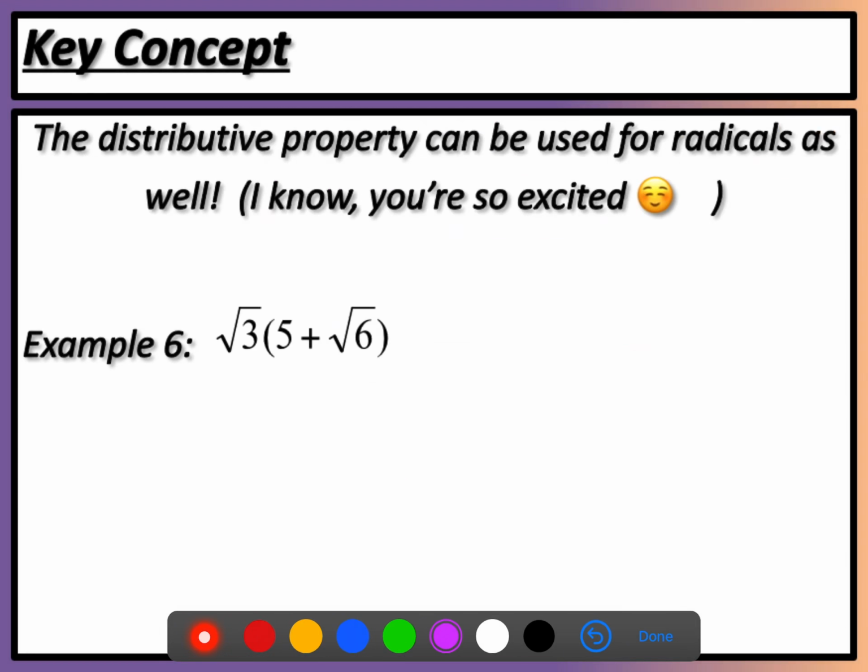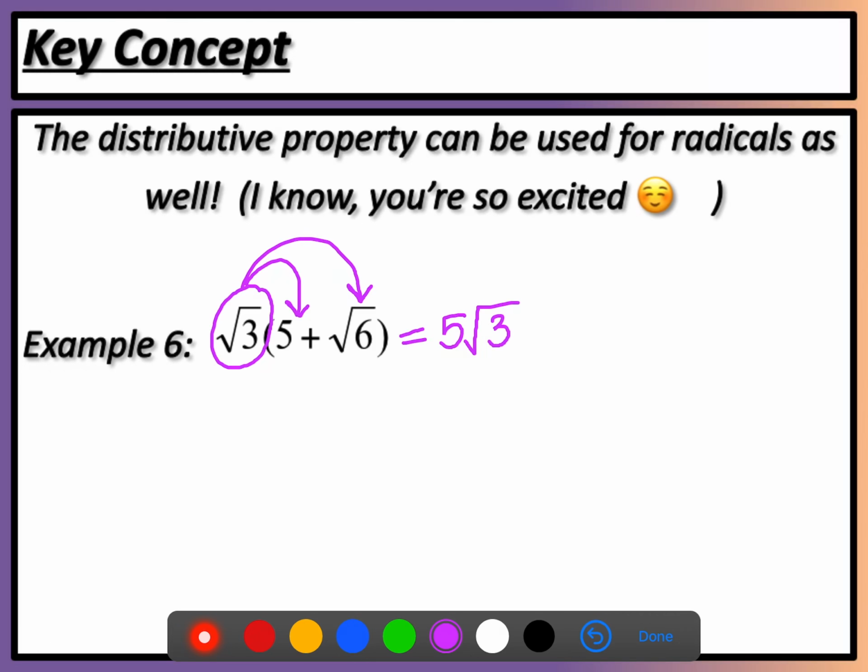We can also do the distributive property. So we're going to take this radical now and multiply it to both of those. We have to make sure we don't commingle the in and the out. So 5 is on the outside, 3 is on the inside. When I multiply them together, they just become 5 root 3.